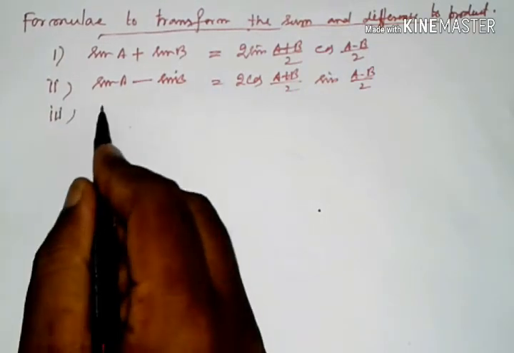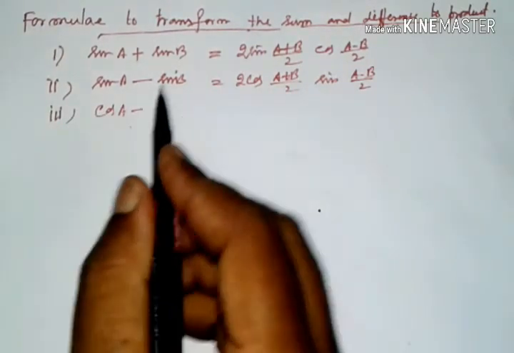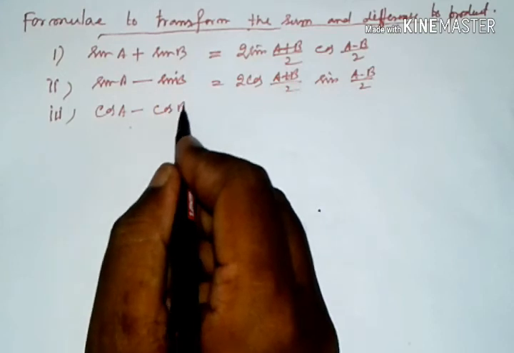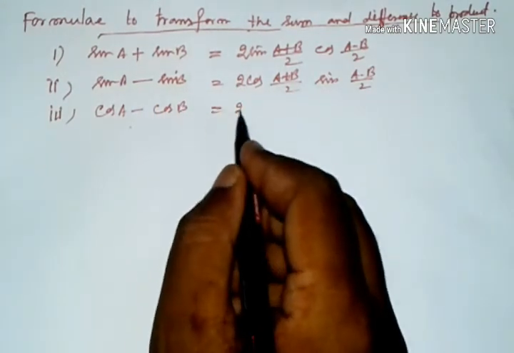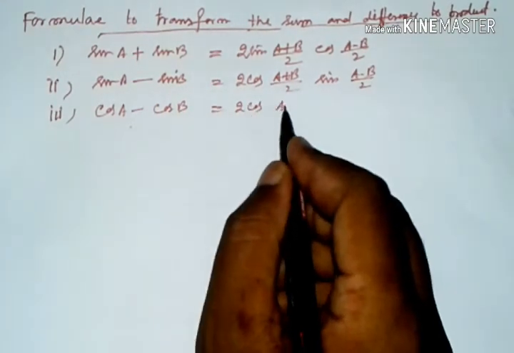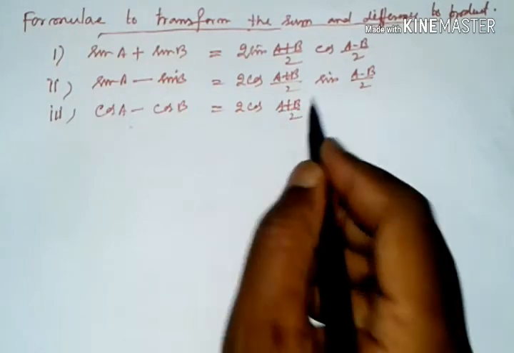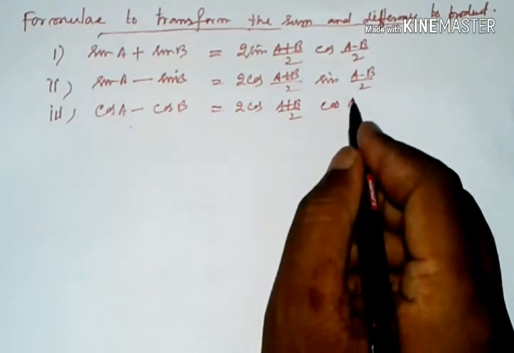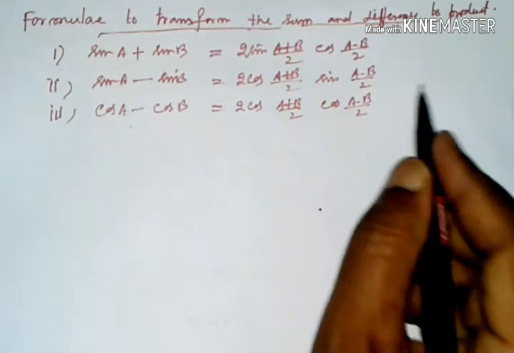Third one, cos A plus cos B. This is 2 cos A plus B by 2 cos A minus B by 2.